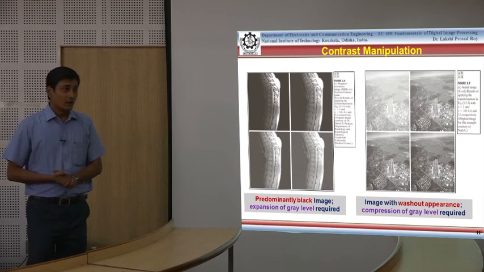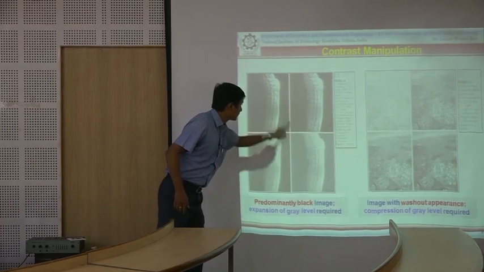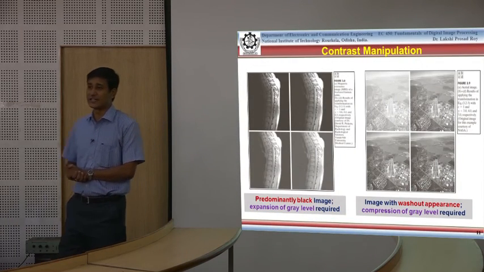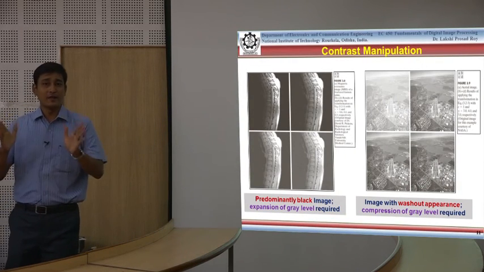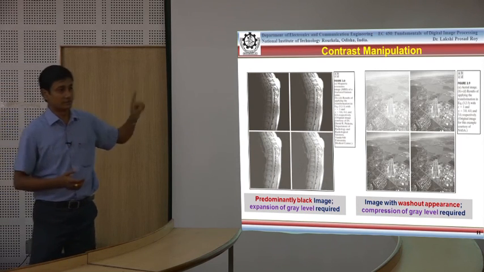To obtain these images from here by using different gamma values which are mentioned there, purely by taking the power of gamma of this value to achieve this one.